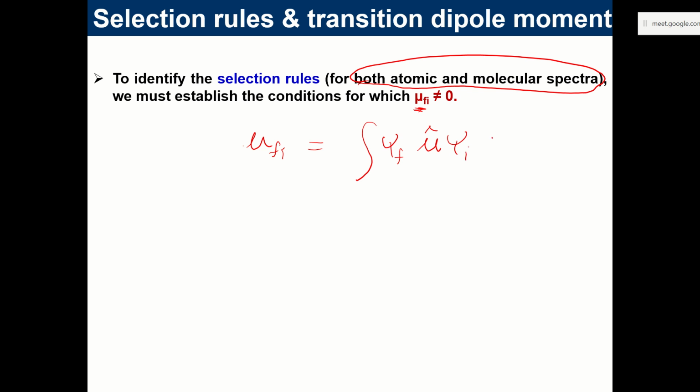Mathematically this is how we explain this. Okay, so this psi f is the final wave function, and psi i is the initial wave function.